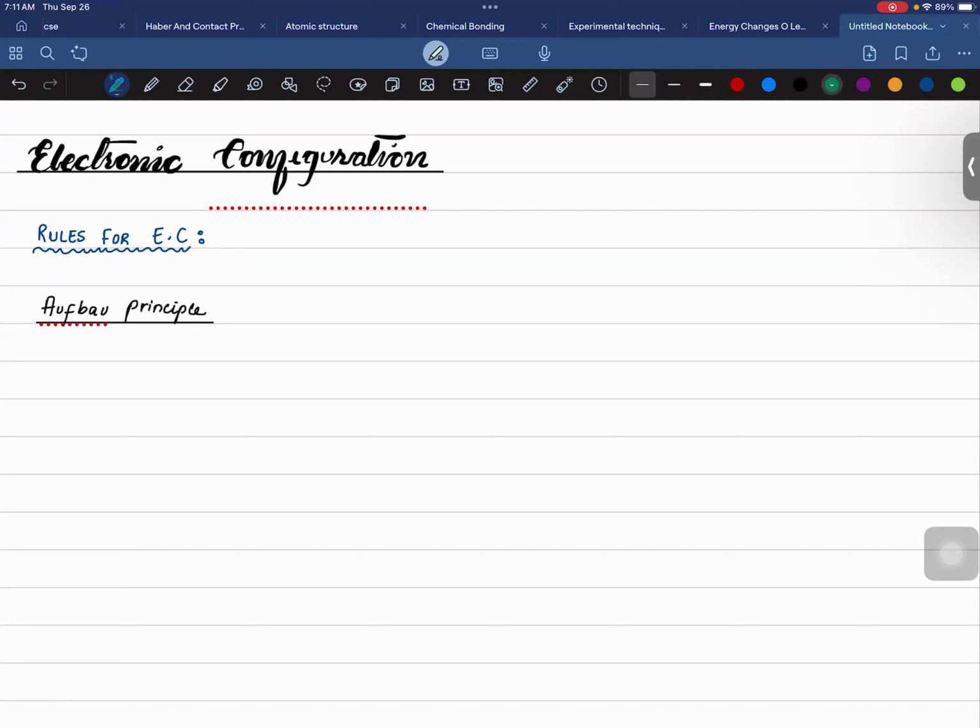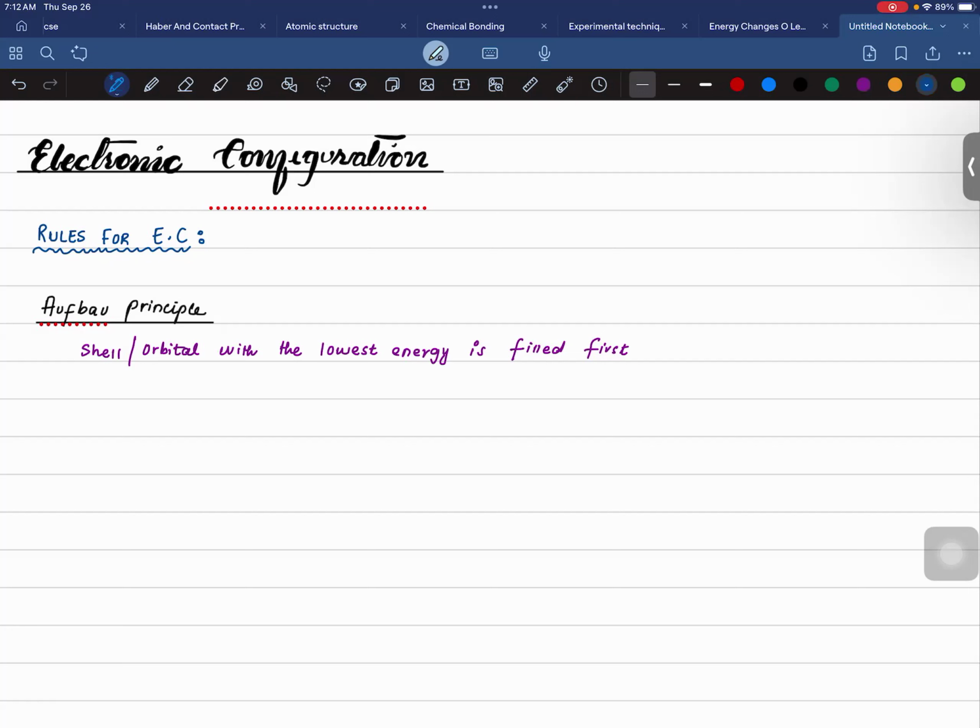According to this rule, the shell or orbital with the lowest energy is filled first.